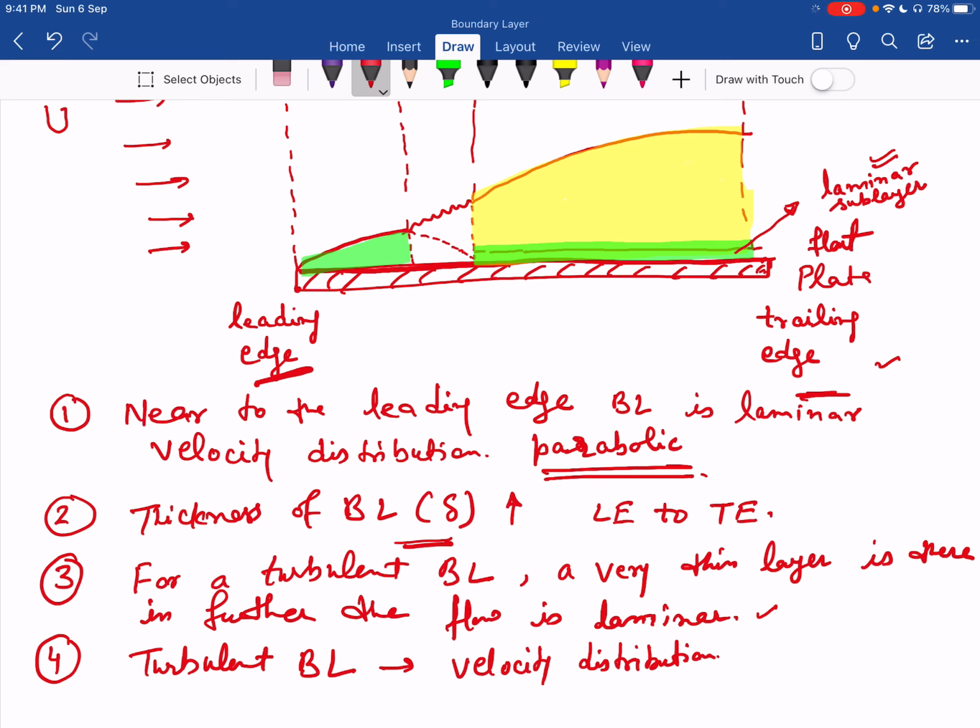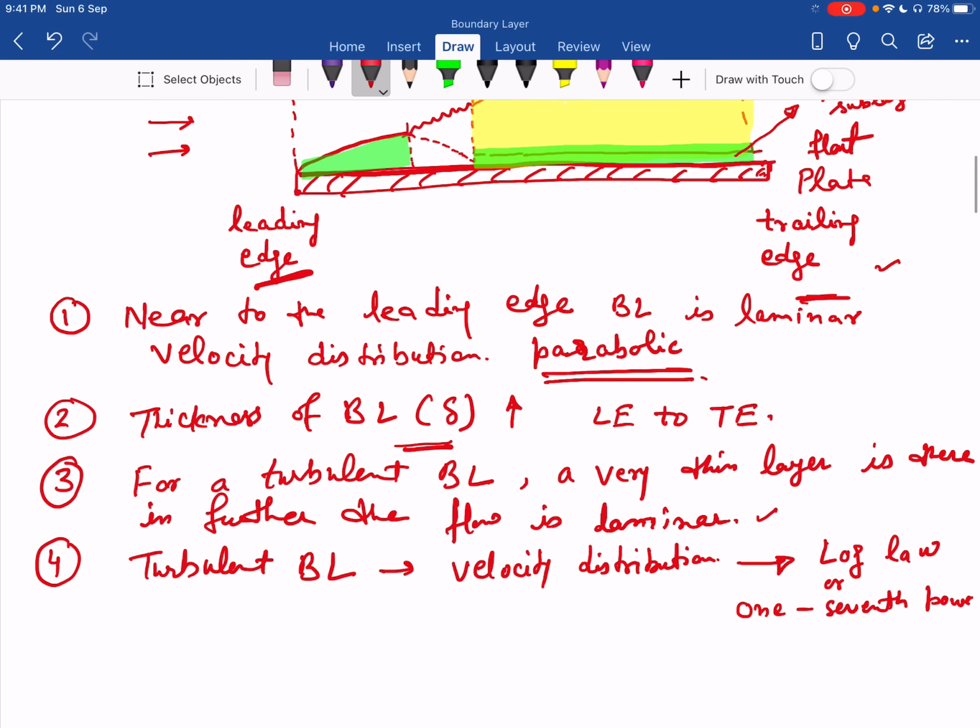That velocity distribution is given by the log law, or you can say that is given by the 1/7 power law.